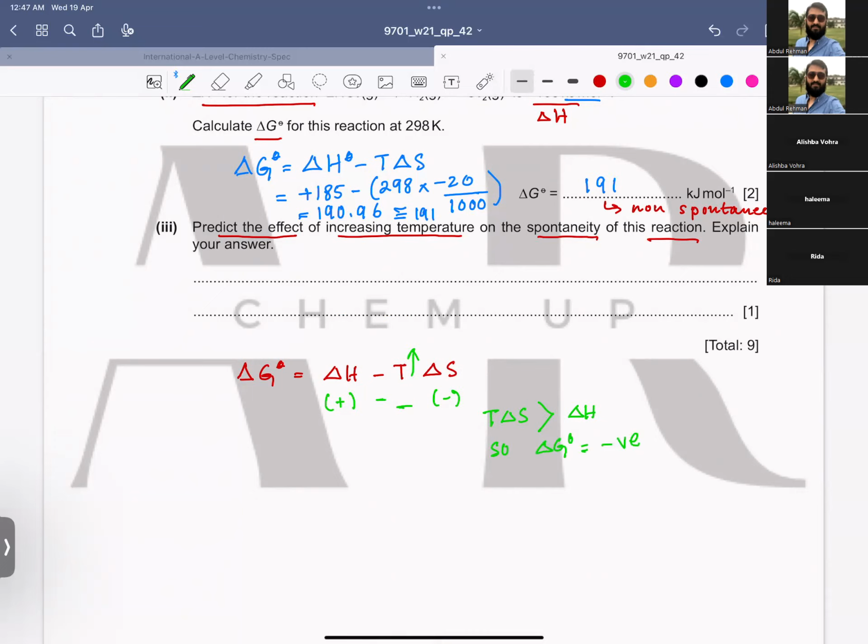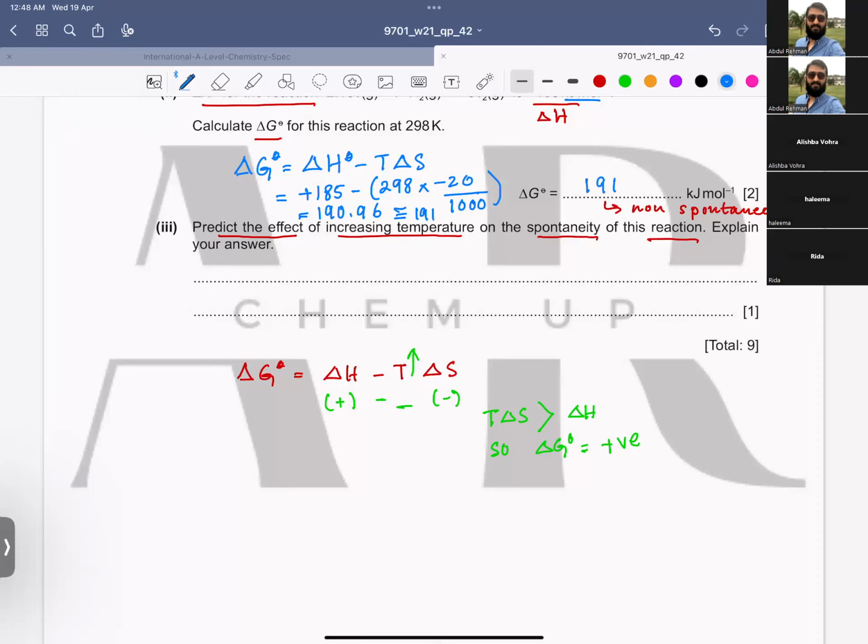No, sorry. This is negative and there is a negative in the formula, so it would become even more positive. So the reaction becomes even less spontaneous or less feasible.